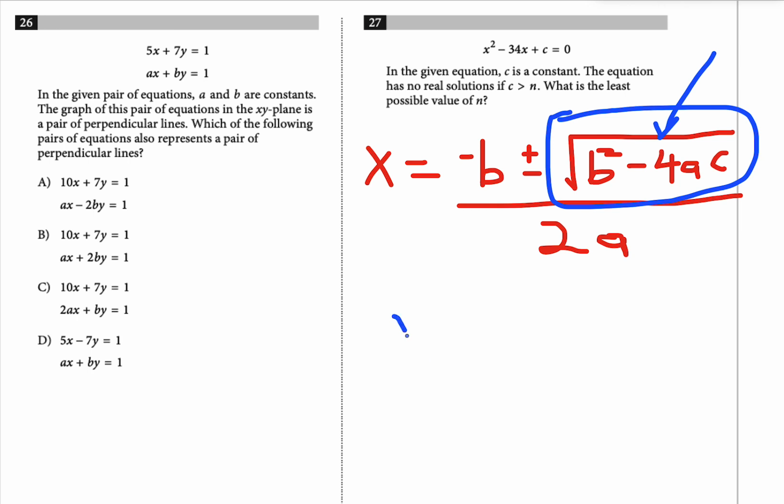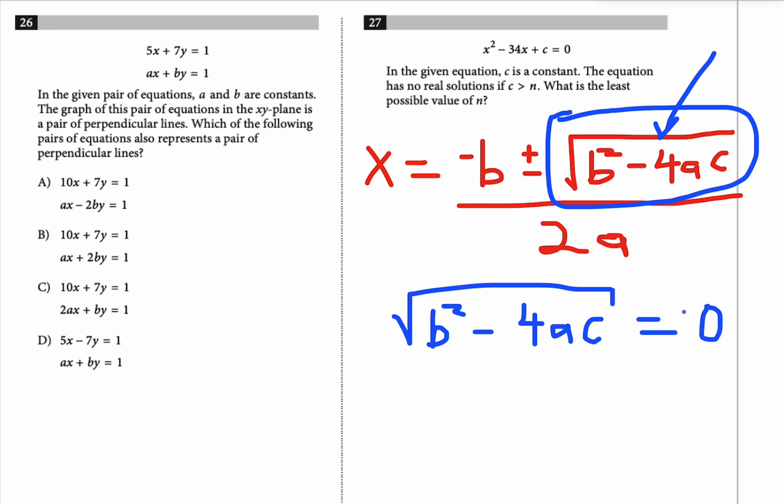We can take that section of the equation, b squared minus 4ac, and set it equal to 0. If we set it equal to 0, all we're saying is that 4ac needs to be equal to b squared.